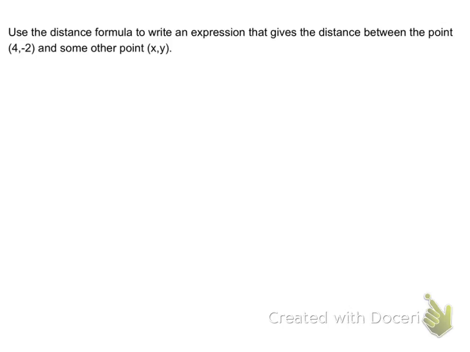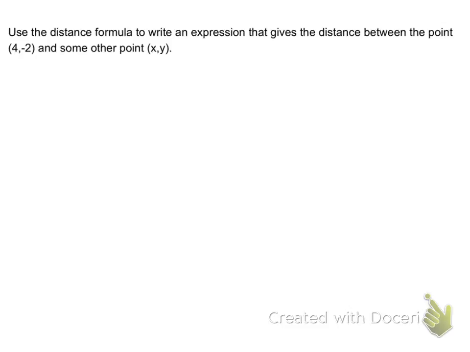The very last thing we need to do is give me an expression that tells me the distance from a point we know at (4, -2) and some other point we don't know, which we'll call (x, y). All you have to do is tell me which one you want to call point 1 and which point 2.